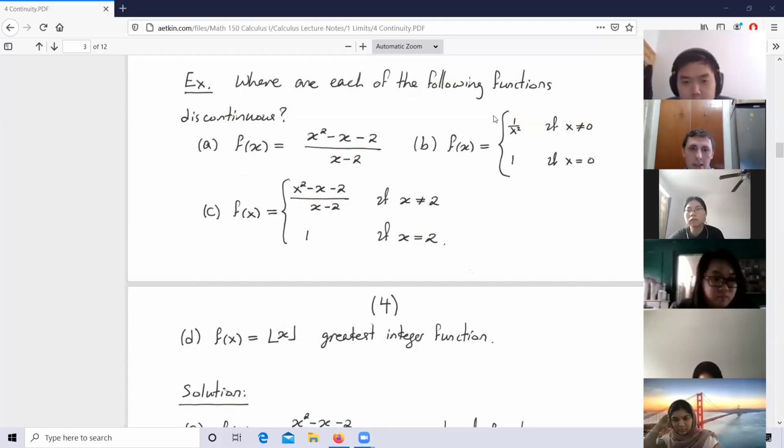Do you understand my question? Yes, guys? Where is this function discontinuous? If I were to draw the graph, you don't even need to see the graph, but I'll show you both ways. Yes, good. Good, Christiana.